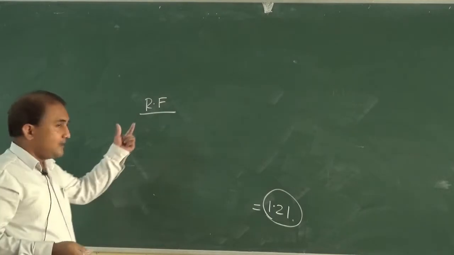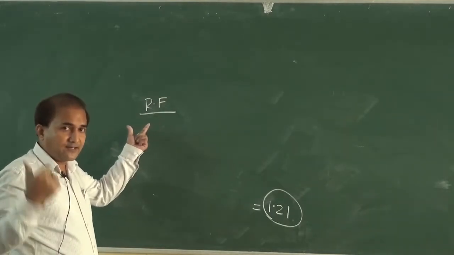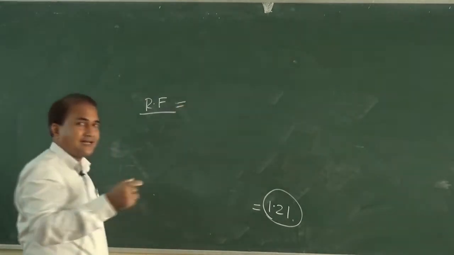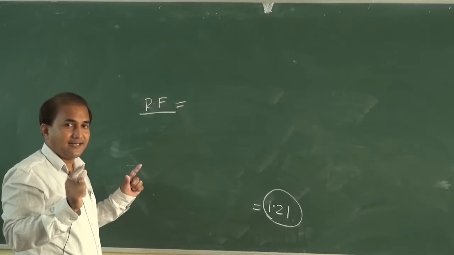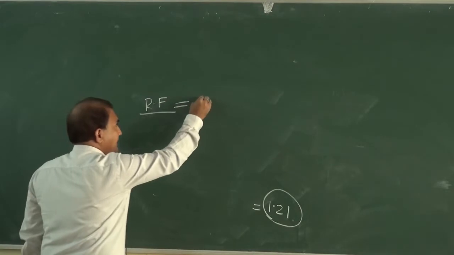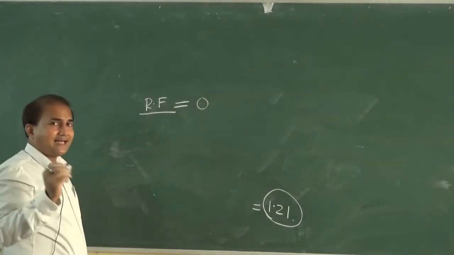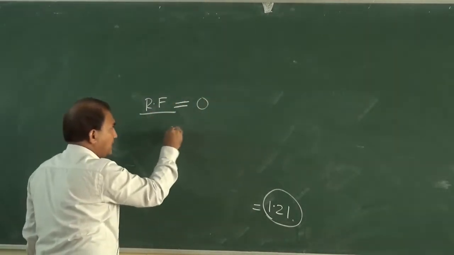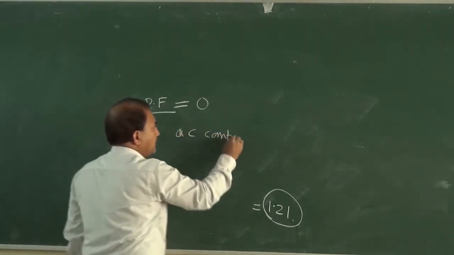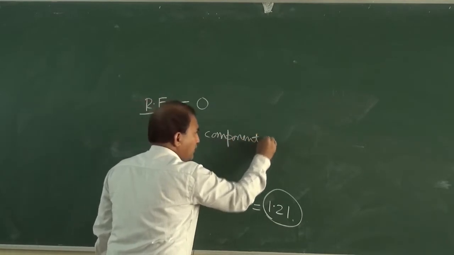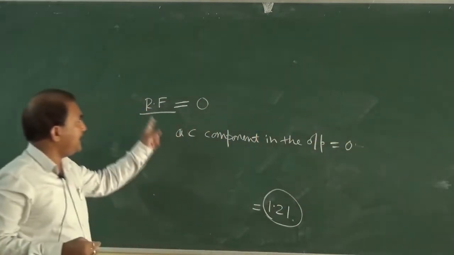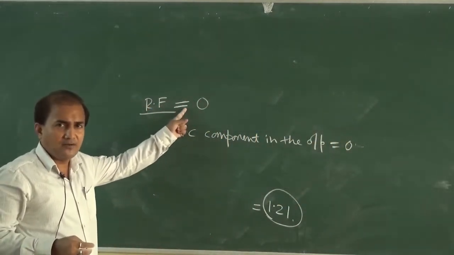See, if the ripple factor of a rectifier circuit is more, then we can say that this rectifier circuit is not efficient. For the ideal case, ripple factor should be 0. In that case, the AC component in the output will be 0, and only then will the ripple factor be 0.